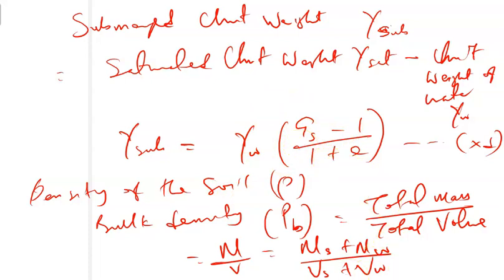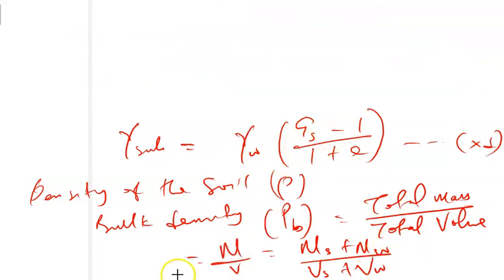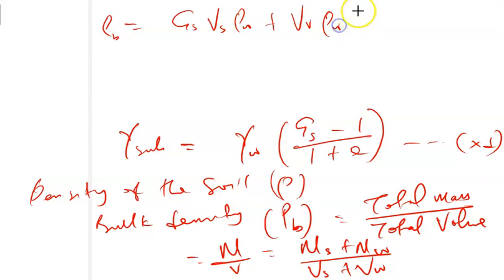Let's also express the bulk density using other expressions. So here, first of all, wipe the board. Okay. So our bulk density can be equal to specific gravity of solid multiplied by volume of solid times density of water, plus volume of void, density of water, degree of saturation, over the volume of solid plus volume of water.